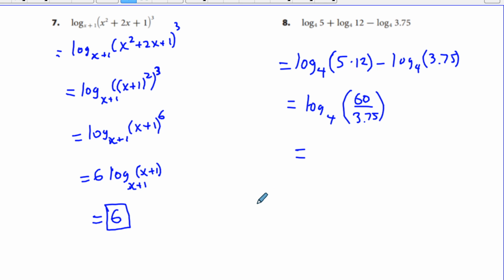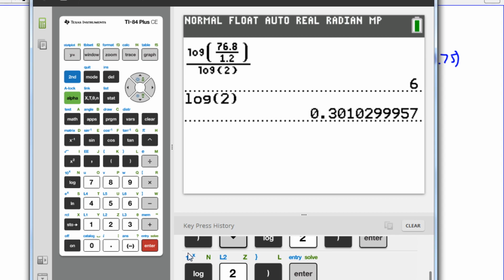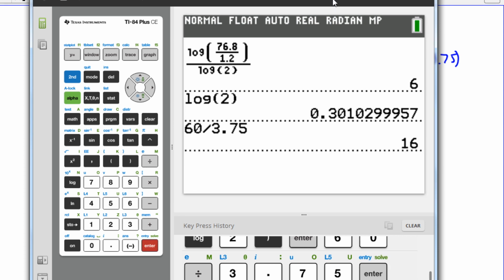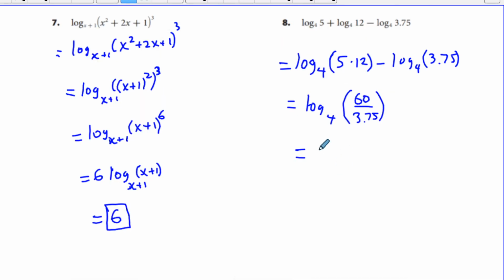And 60 divided by 3.75, I don't know exactly what that is right in my head. 16, okay, so that's 16, that's going to be helpful.